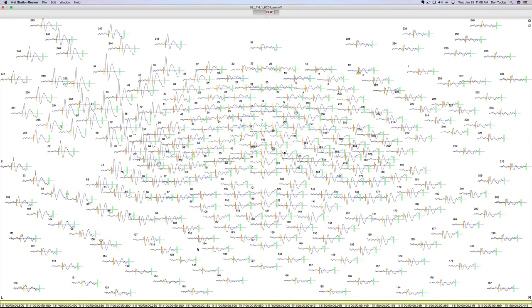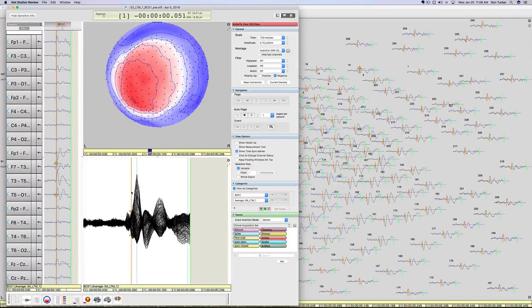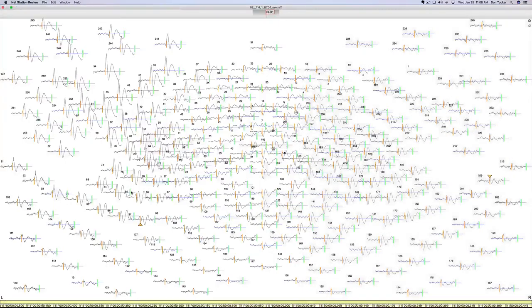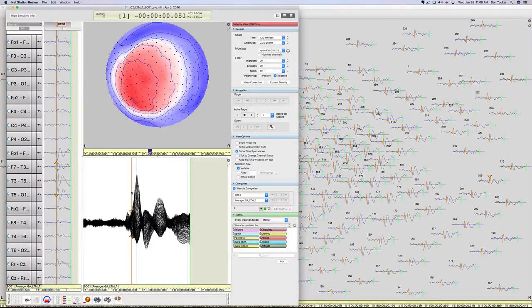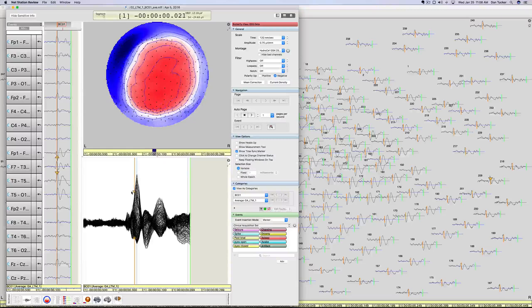As we go to the onset of the large spike, we see that the beginning is a different pattern that has a positivity in the left posterior region. This appears to be the onset of the big spike, and then as we progress up the spike peak, we see the peak is quite different, that the left anterior region, the dark blue up on the left top of the head, shows that region.